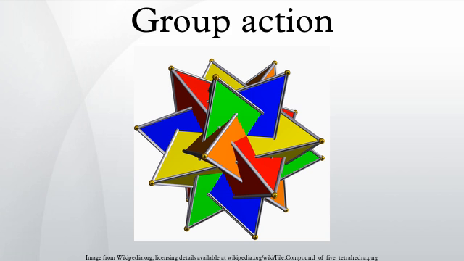Continuous group actions. One often considers continuous group actions. The group G is a topological group, X is a topological space, and the map G × X to X is continuous with respect to the product topology of G × X. The space X is also called a G-space in this case. This is indeed a generalization, since every group can be considered a topological group by using the discrete topology.